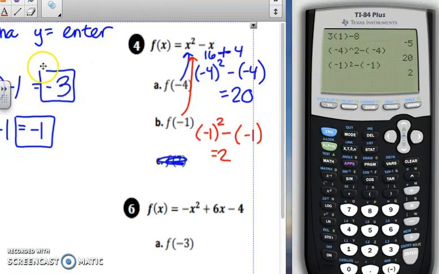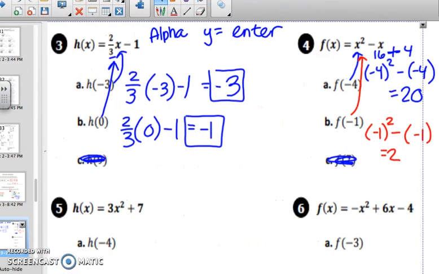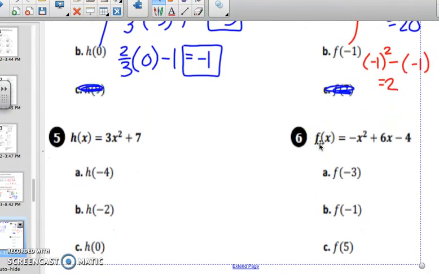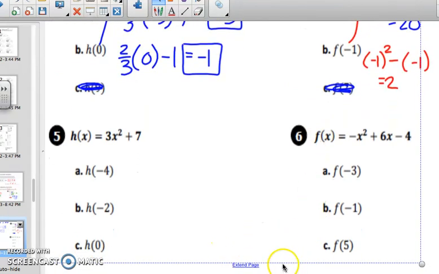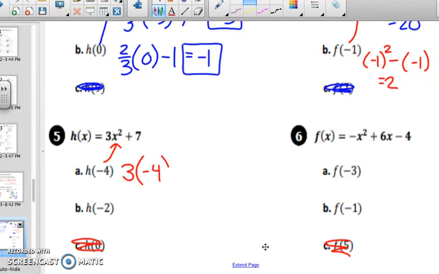Okay, all right, let's take a look at number 5 now. So number 5, we're only going to do the first 2 again to save some time. Okay, so on this one, I need to input -4 in for that x squared. So I would first start off with a 3, and then I need to input -4.